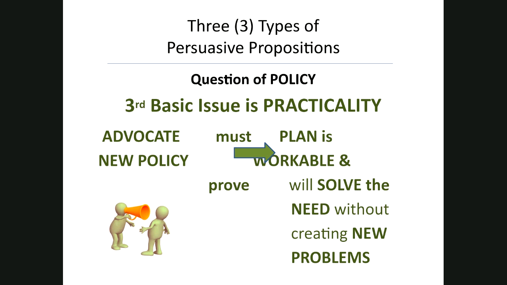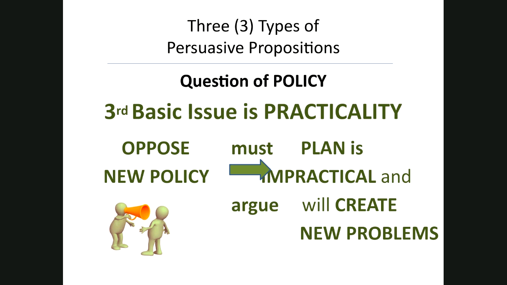That's key. My plan works, it's going to solve the need, and it's not going to create any new problems. If you are opposing a new plan, you must argue that the plan is impractical, and it's going to create new problems.